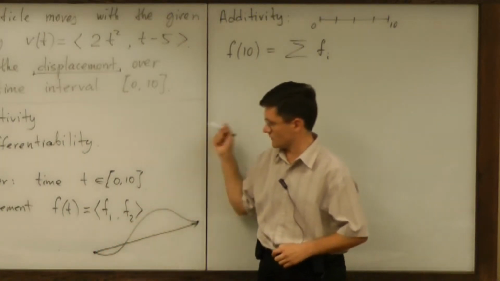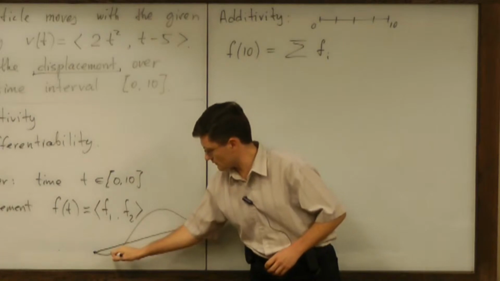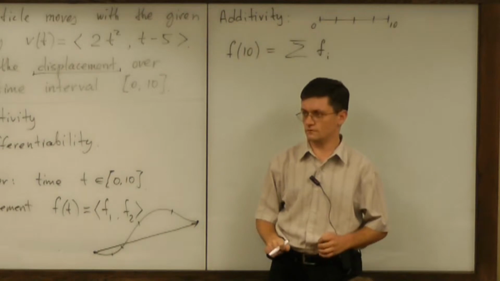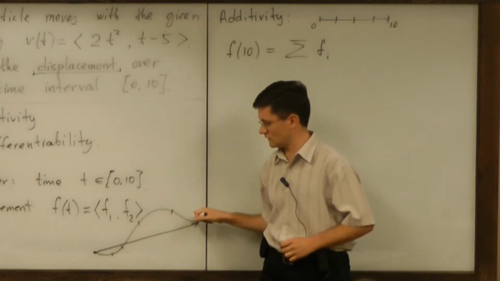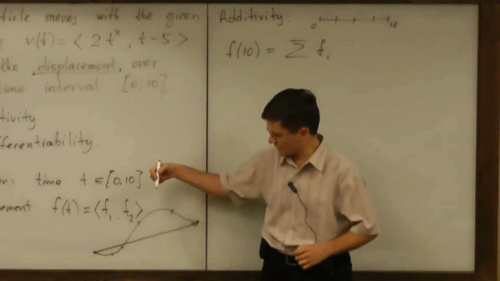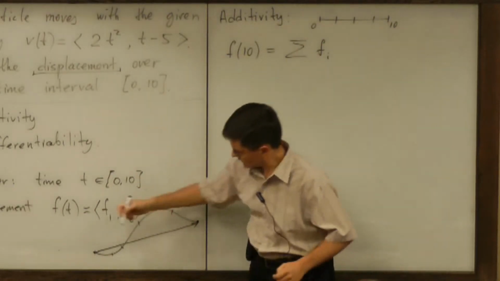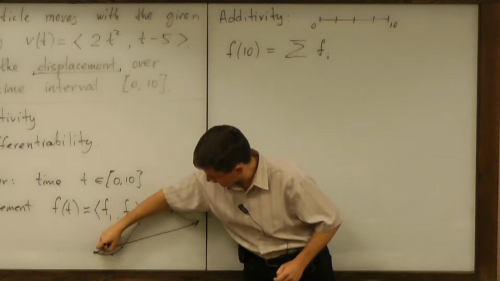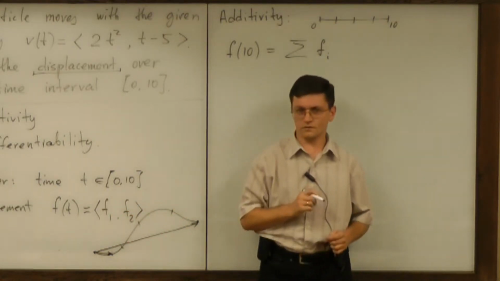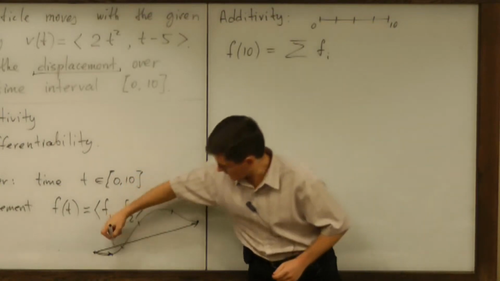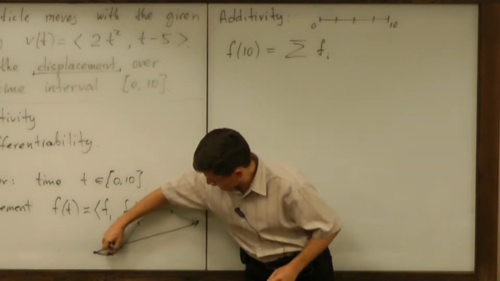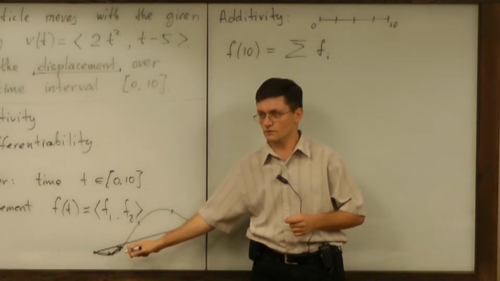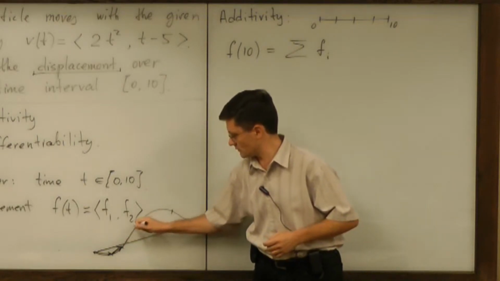So what happens if I subdivide the time interval? I will subdivide my path as I travel into pieces, and my displacement over the first interval is going to be a vector from the beginning to the end point of the first part of the travel. Then the second vector from the beginning to the end of the second interval on the plane, and so on.